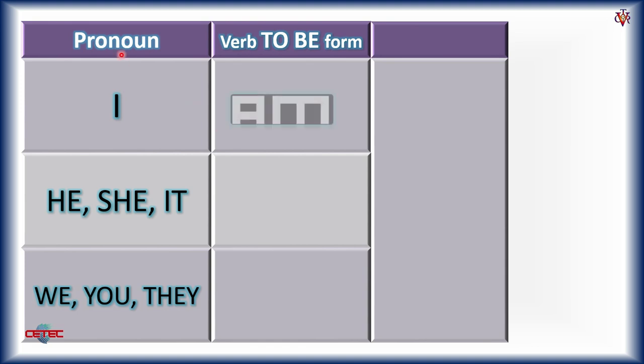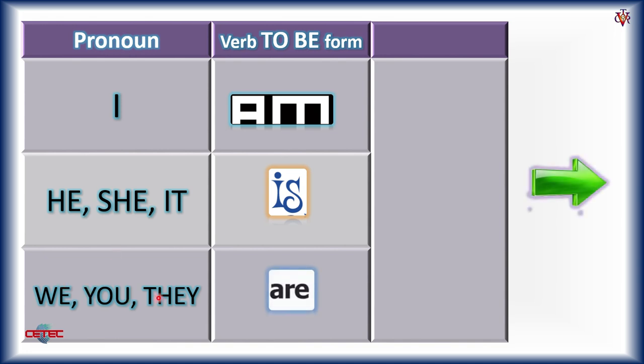Don't forget the pronouns I, he, she, it, we, you, they. In a positive form, they use I am. But now, in negative form, not. I am not. He is not.